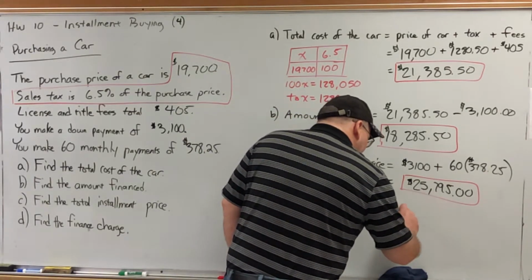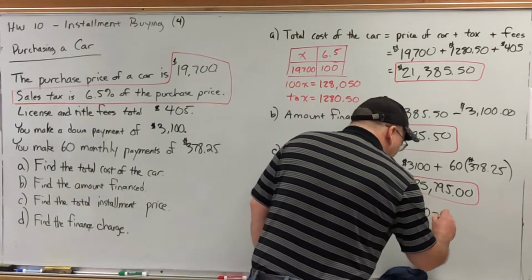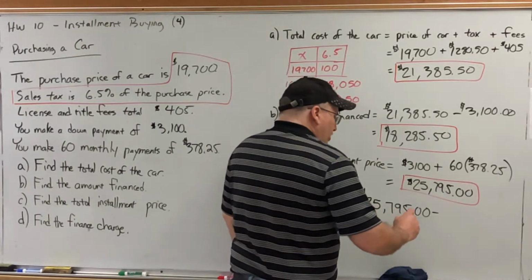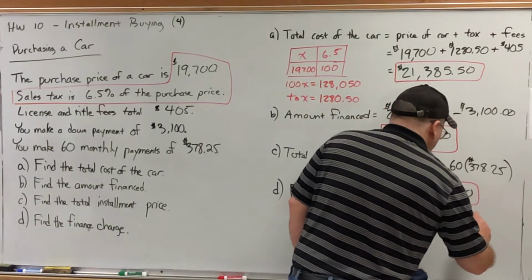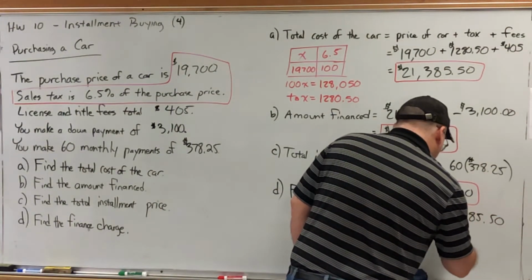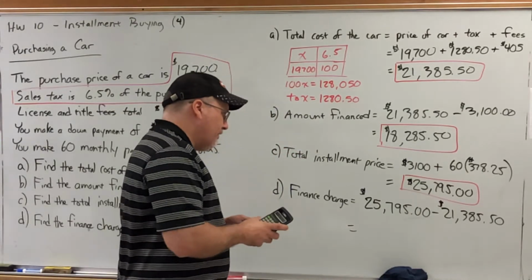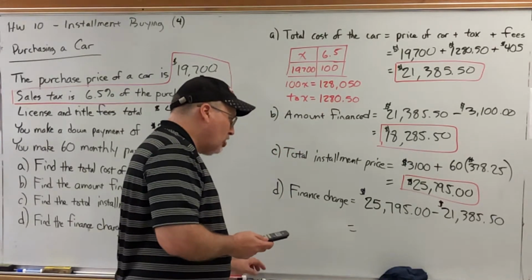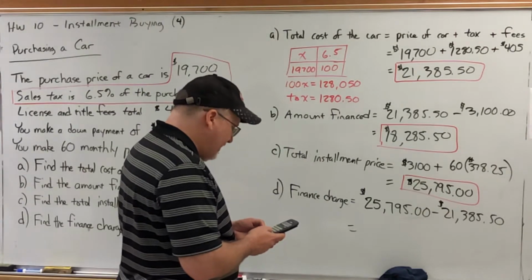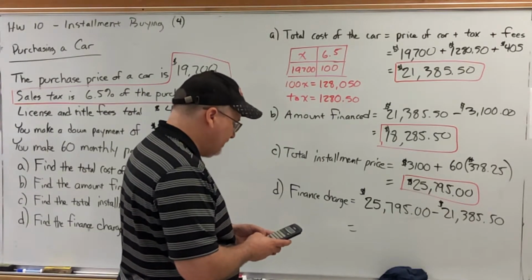It's the $25,795 that I'm paying minus the total cost of the car, $21,385.50. So let's see how much extra I had to pay for the privilege of getting this car now, but paying it out over 60 months, which is 5 years.